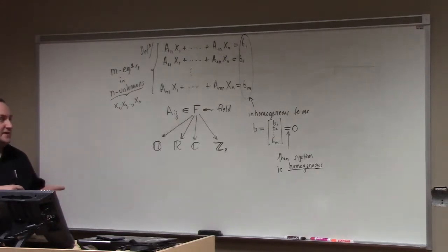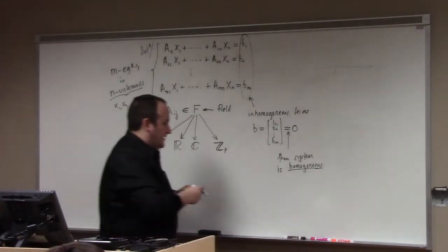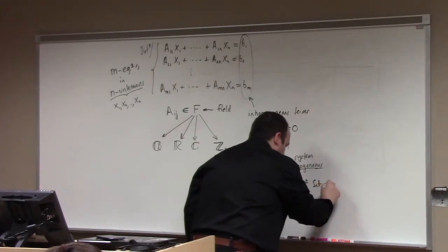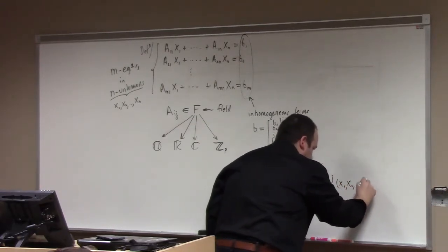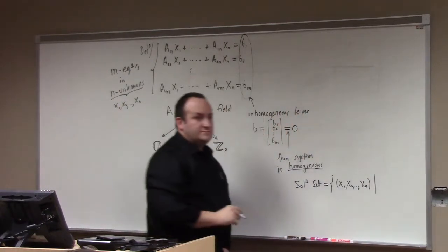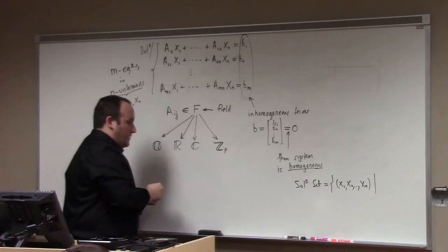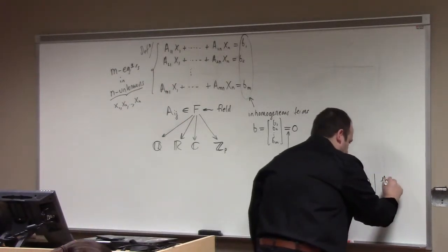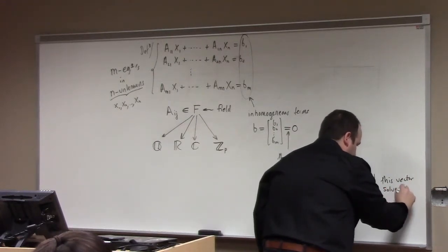The solution set is the set of all x1 through xn. Let's write it out in words for a second. What is the solution set? It is the set of x1, x2, ..., xn such that this vector solves star.